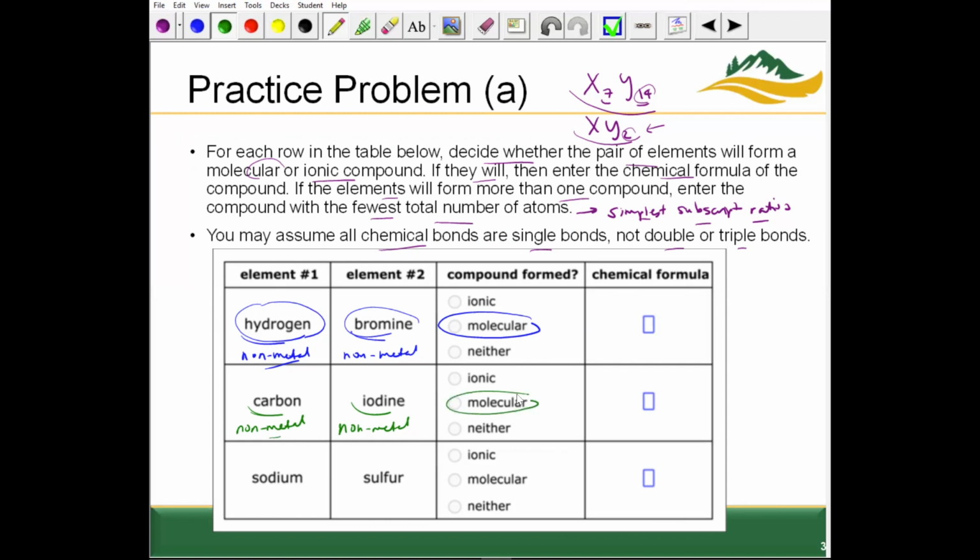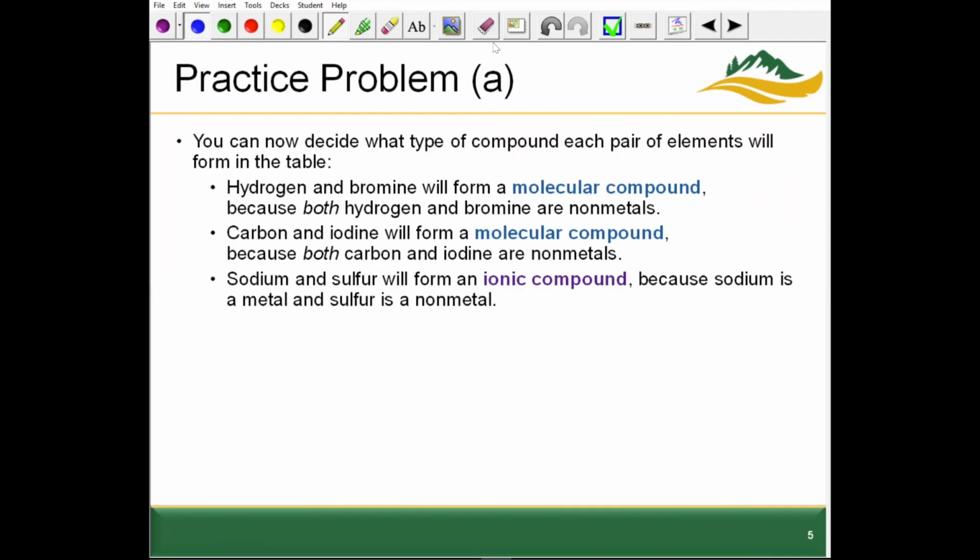So we might expect a molecular compound from carbon and iodine. Sodium now, that is an alkali metal, right? It'll form Na plus ions. Sulfur is over with the other nonmetals. So based on our rules of a metal and a nonmetal, we'd expect these two to probably form an ionic compound.